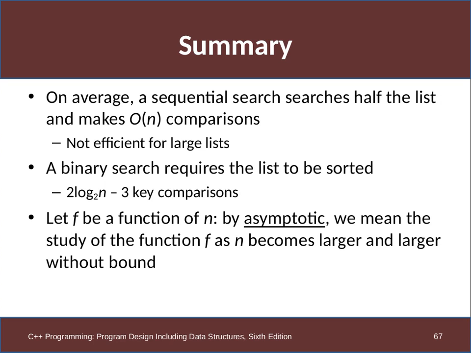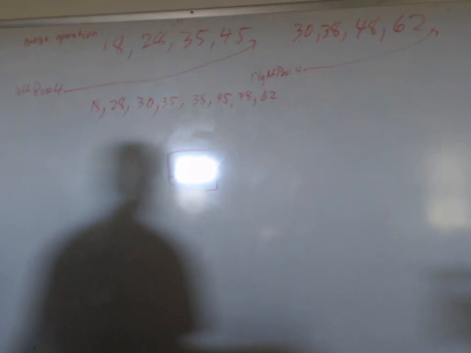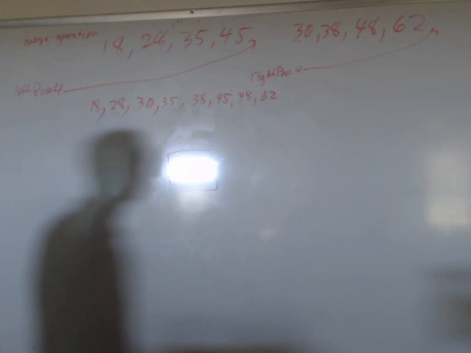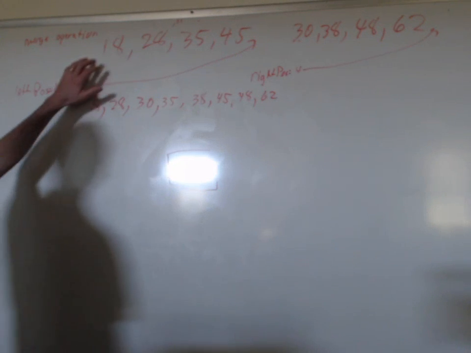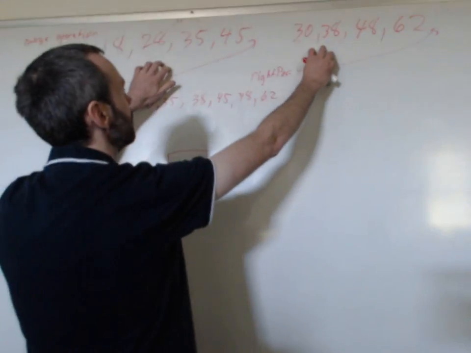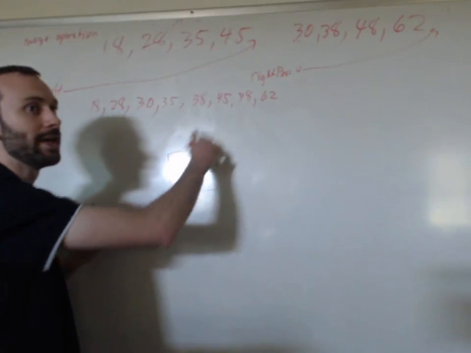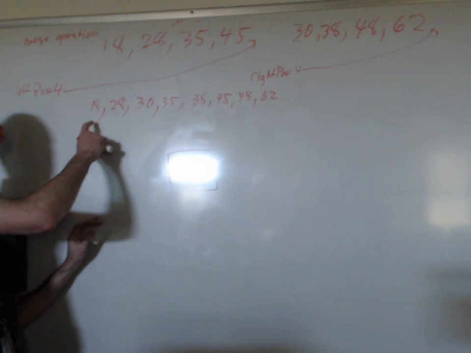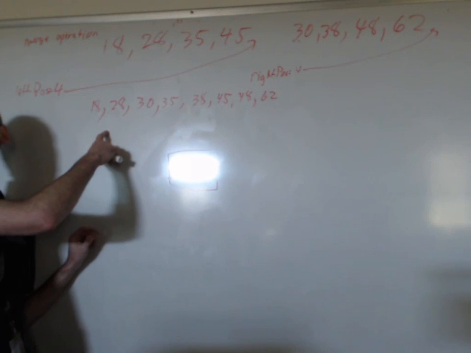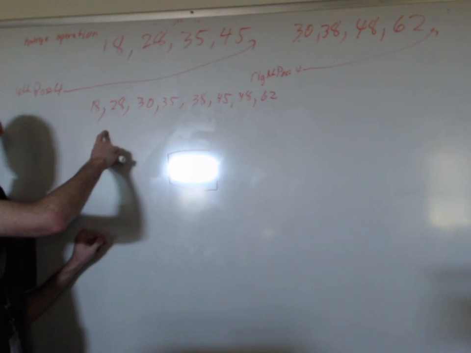One thing I want to show you, and this is very subtle when I was talking on the board, but when you go to code this, it's a little trickier. If you have 2 arrays and you want to merge them into a 3rd array, you're going to need to allocate memory for a 3rd array for the merge.